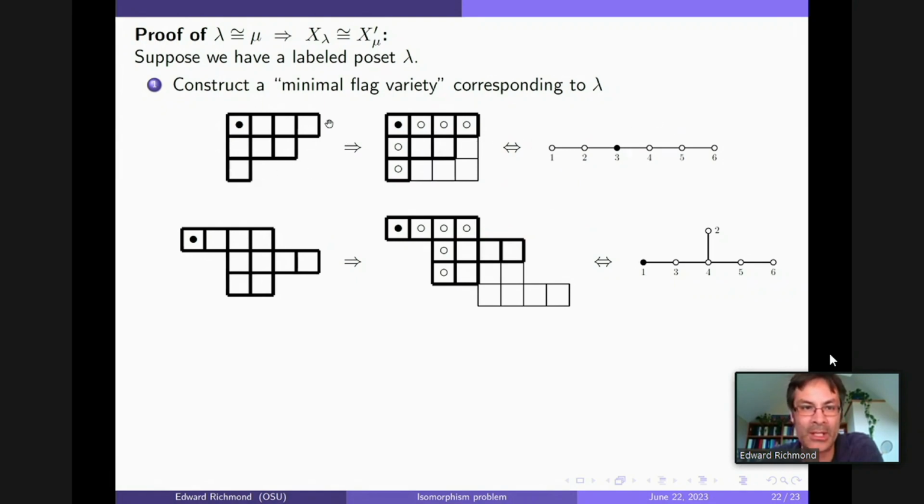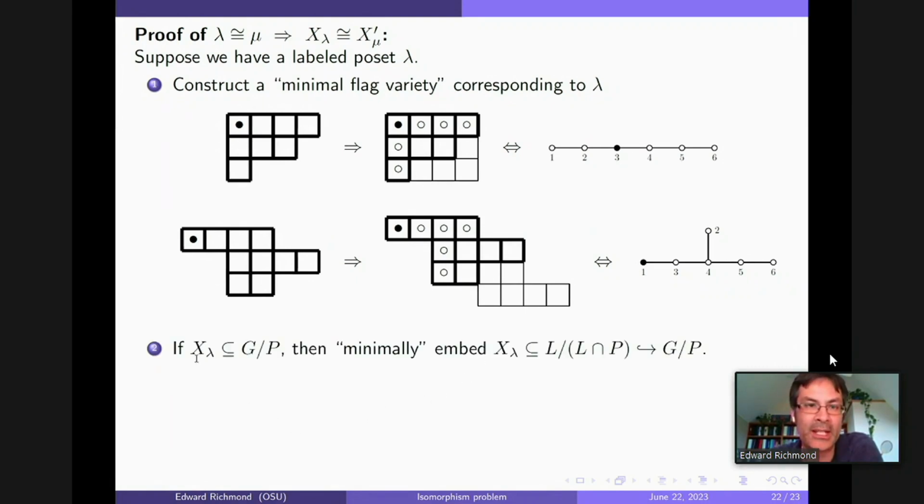In this case, when I look at this partition, this is the smallest rectangle that this partition fits in. If I have something more complicated like this, I can look at the union of these two chains, and then I can see that this is the smallest co-minuscule flag variety that this poset can live in.